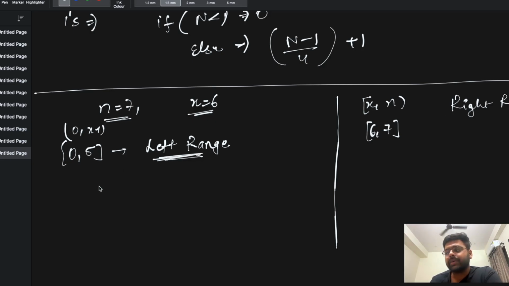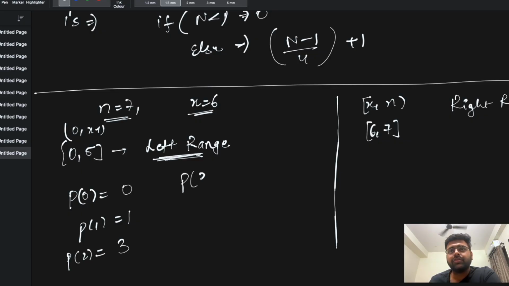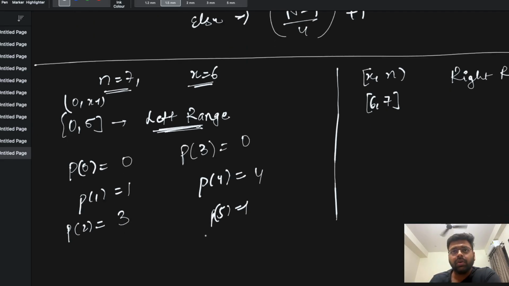When we are talking about this particular left range, if I calculate the zeros here, let me explain this particular thing. Let's draw these values. So p of 0 is simply 0, p of 1 is equal to 1, p of 2 is equal to 3, p of 3 is equal to 0, p of 4 was equal to 4, and p of 5 was equal to 1, right?